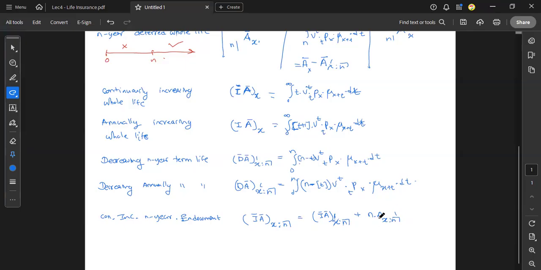This one is a one-time payment. At that time, the benefit is n because they have survived for n years. So this is the special case. You don't have a continuous case for this pure endowment part. So that was the point I wanted to mention.